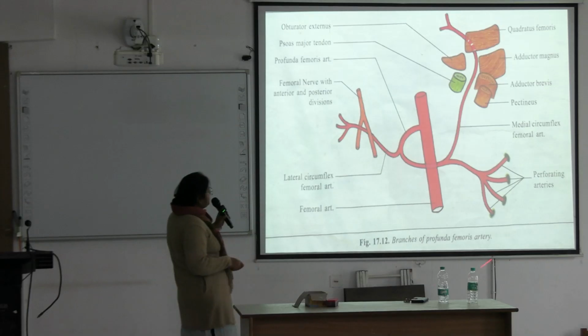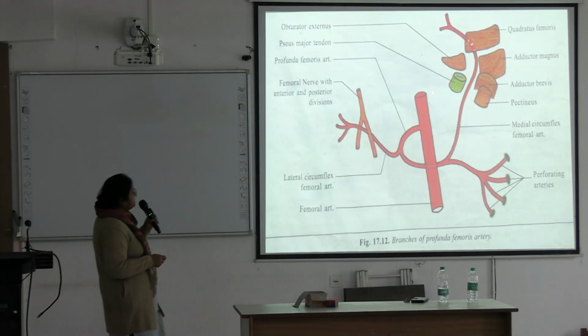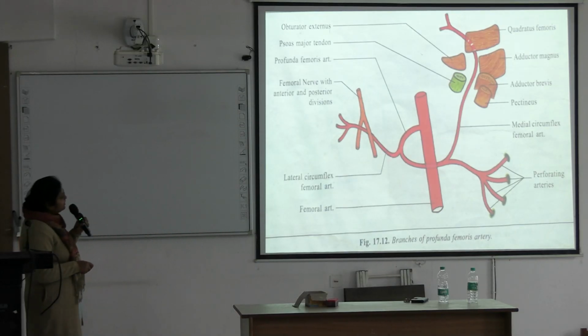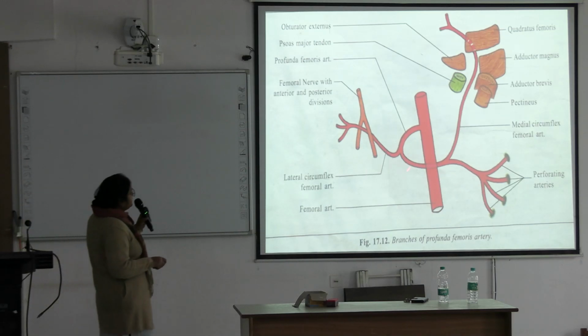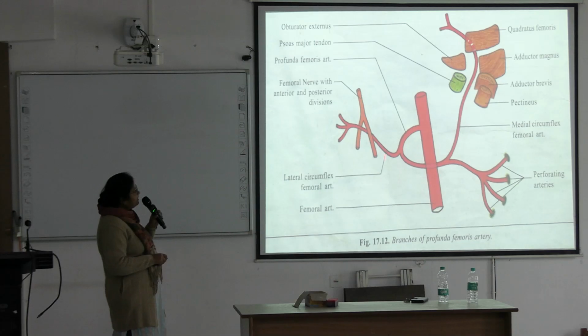And here are the branches of profunda femoris. So this is profunda femoris, a direct branch from the femoral artery, the largest branch of the femoral artery, giving the lateral circumflex femoral artery and the medial circumflex femoral artery. And these are the continuation of profunda femoris, giving the perforating arteries, and these are again dividing.